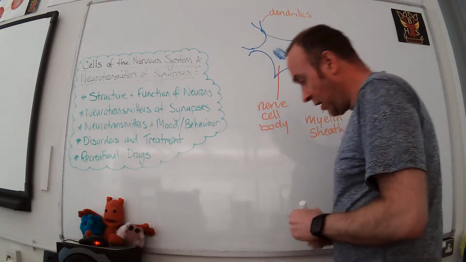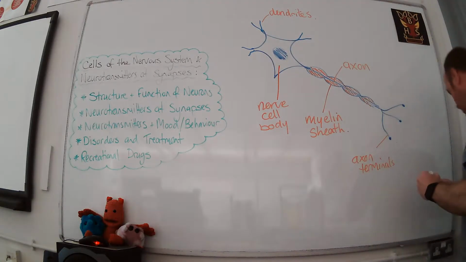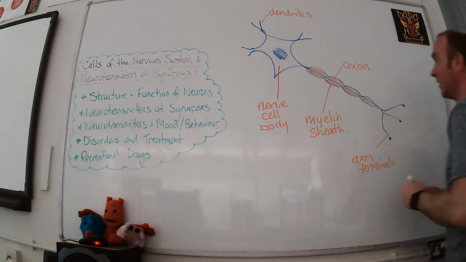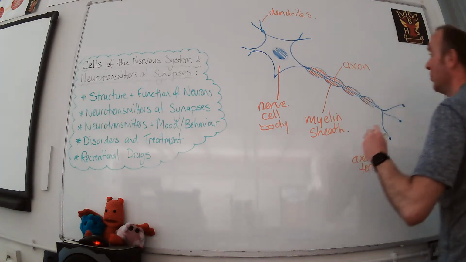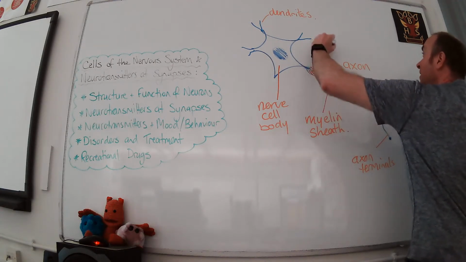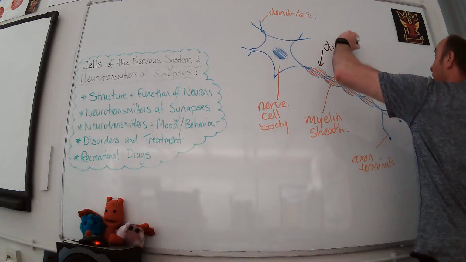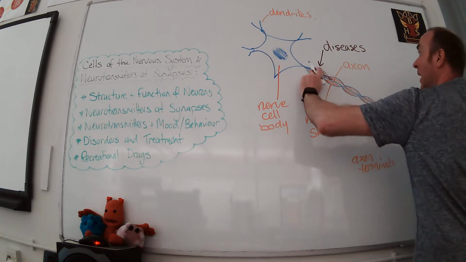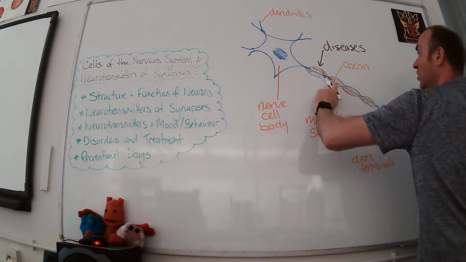Myelination. The other thing to mention about this myelin sheath, which I nearly forgot, is that you will get some diseases that can break myelin down and reduce the amount of the myelin sheath that there is.